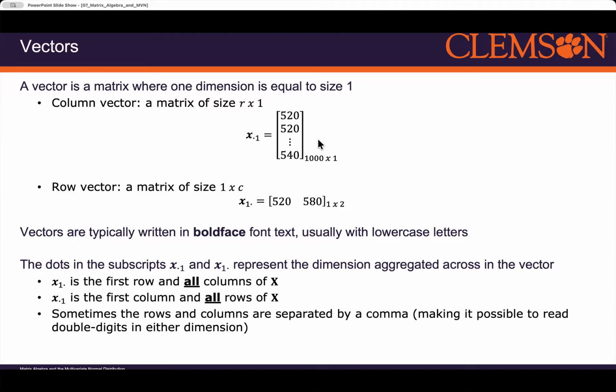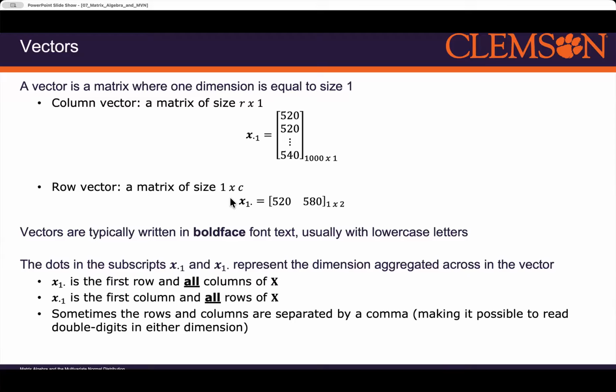So a 1,000 by 1 matrix would sometimes be called a column vector. Now, a vector often gets denoted with a lowercase symbol, in this case lowercase x, but still in bold, showing it's a matrix. In the notation you see here, the dot substitutes for all of. So x dot 1 means all of the people, all 1,000 rows, but the first column. That is how we would represent it.